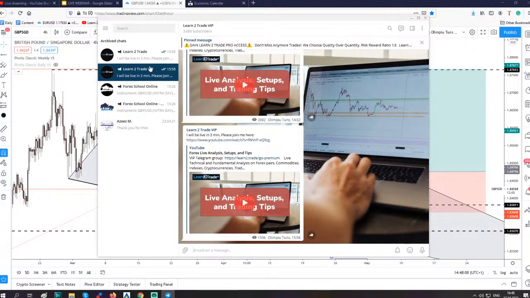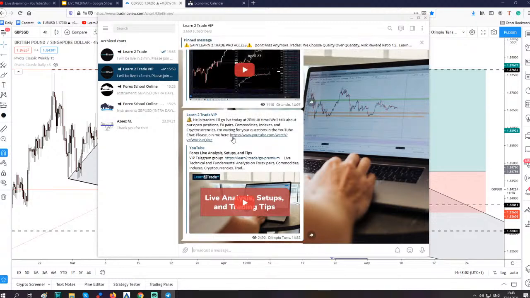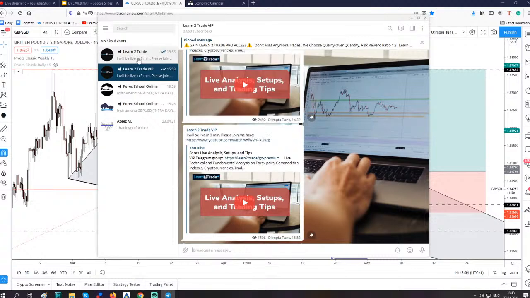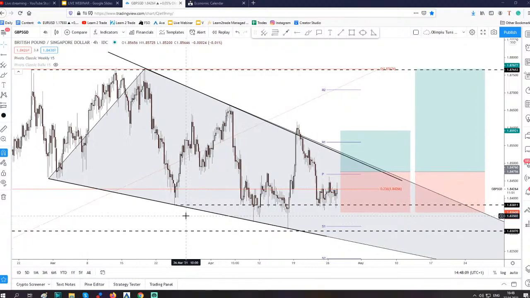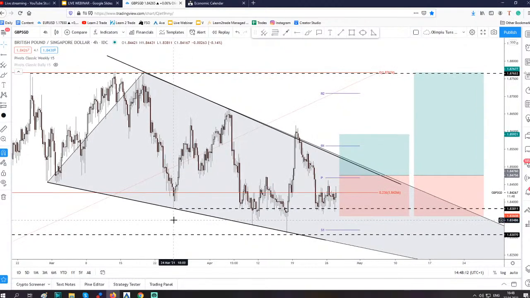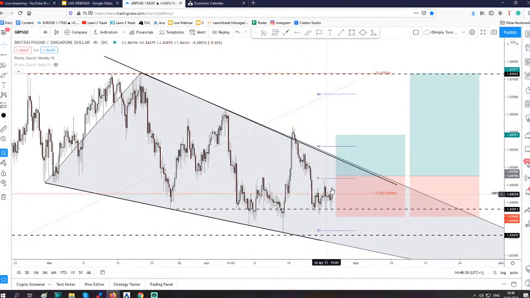Okay, guys, I will send it right after the webinar ends, because I really want to talk about other Forex pairs, and I want to answer some of your questions, because the pending position will be active also after the webinar ends, because as you can see, the price has traded far below our entry.